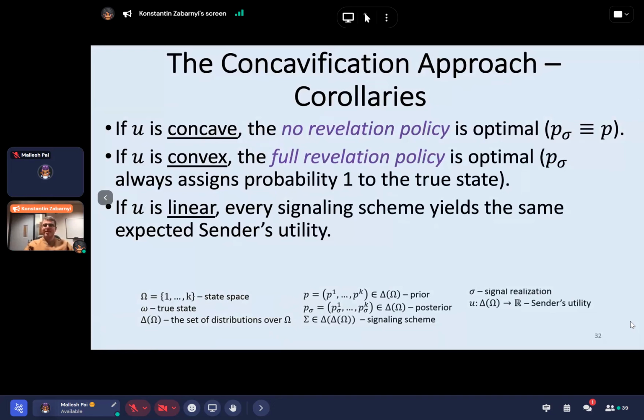So if the indirect sender's utility is concave, then its concavification coincides with itself, and therefore the no-information policy is optimal, which means that the posterior is always just the prior, with probability 1. On the other hand, if the indirect sender's utility is convex, then full revelation is optimal, which means that it's always good for the sender to reveal the true state. While if the indirect sender's utility is linear, then the signaling scheme is not important at all.